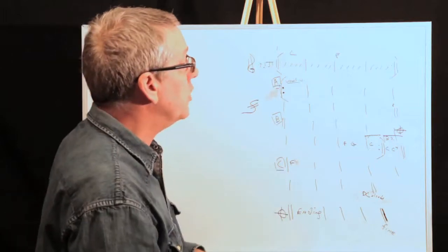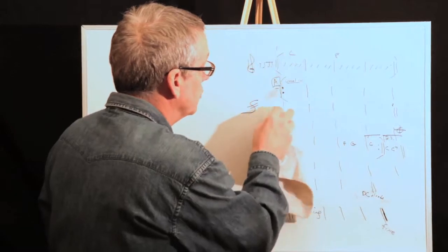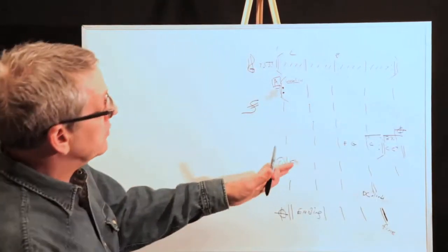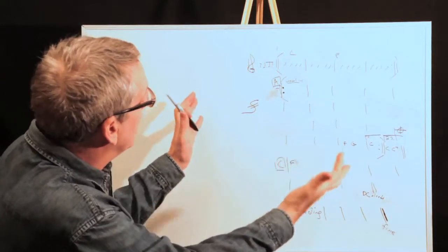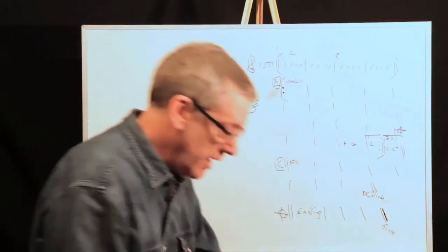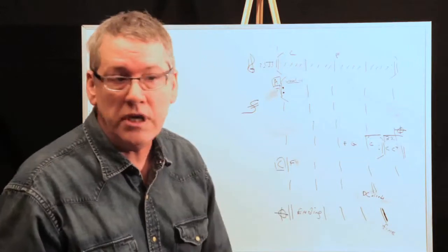One of the things that really bothers me a lot when I'm looking at other charts is, when you look at what we just did, it all makes sense. You can just squint at it and say, okay, here it is. And if you lay a chart out nicely for your guys, they'll play it better, if it's neat, if it's not scribbly.